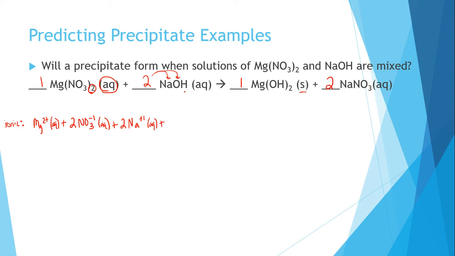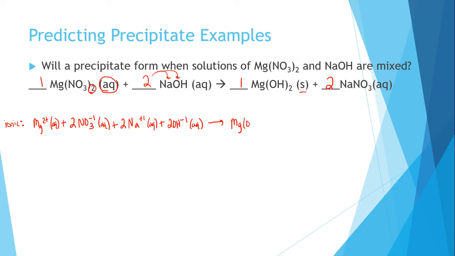Plus, that 2 also goes to my OH. 2 OH, and if I uncross it, this should have a -1 charge. And then I get my arrow, yields. Now remember, you can only split apart aqueous solutions, and this is a solid, so I'm not allowed to split it. So I'm going to write it exactly as I see it right here.